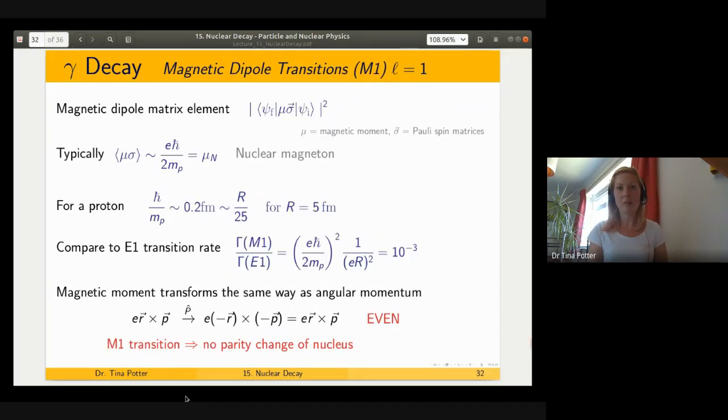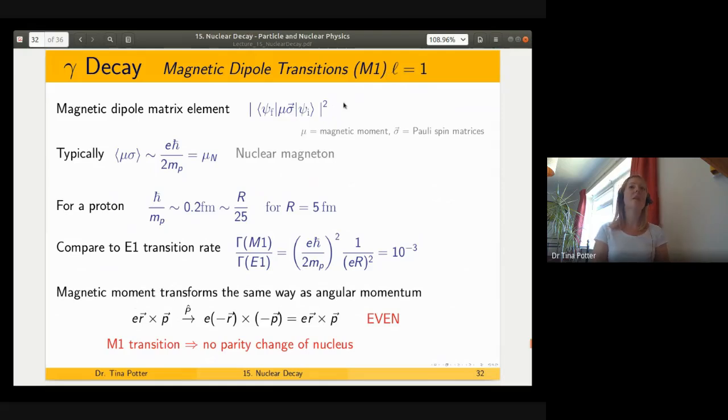If we do the same thing here, we've got R cross P. Both R and P are going to flip sign under parity, and therefore they're going to cancel one another out, and there will be no change in the parity of the nucleus. It transforms in an even way under parity.